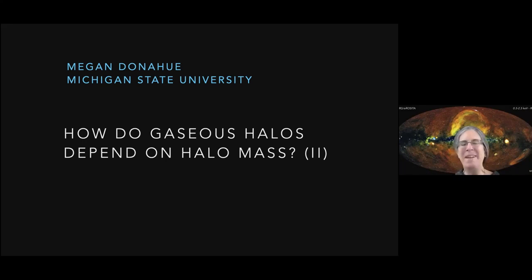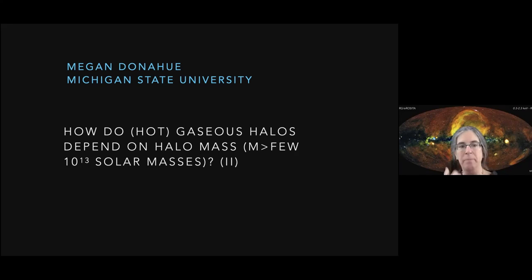So I've been asked today to talk about gaseous halos and how they depend on halo mass, and specifically how the gas in the highest mass halos depends on their mass. By high mass, I think this group would consider a few times 10^13 solar masses to be fairly high mass.